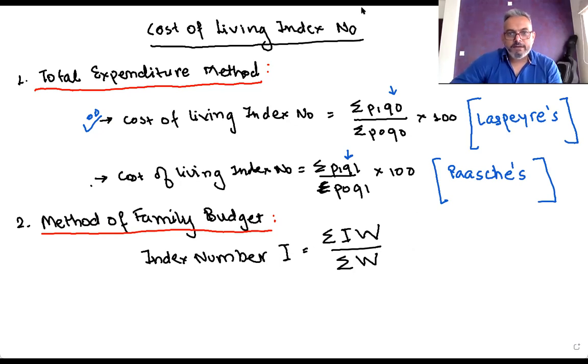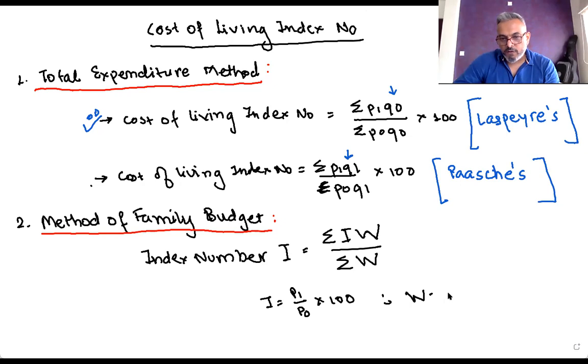what is I? So I is equal to P1 upon P0 into 100, and W is equal to weight. W is also equal to importance.